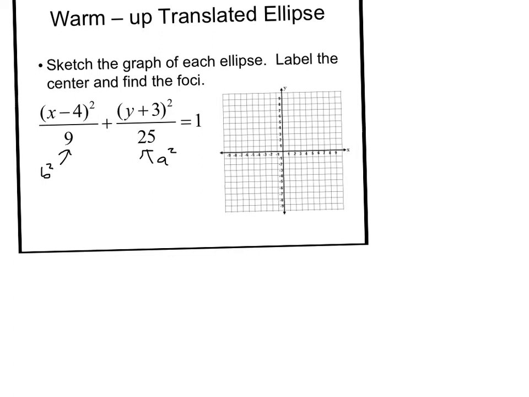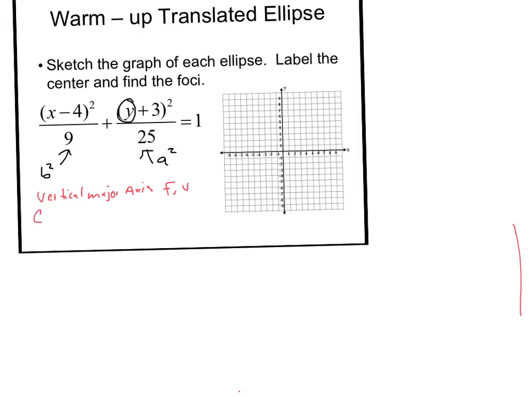And a squared is greater than b squared, so because it's underneath the y variable, we're dealing with a vertical major axis, which tells me that the foci and the vertices are going to go up and down. So I'm going to find the center and start listing those things.